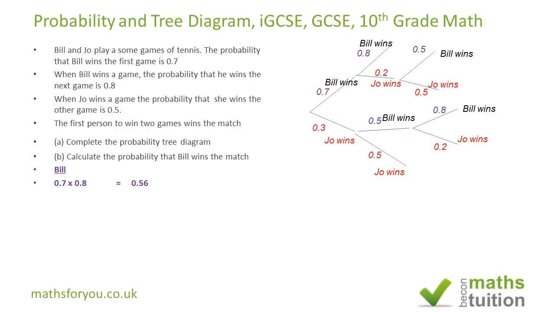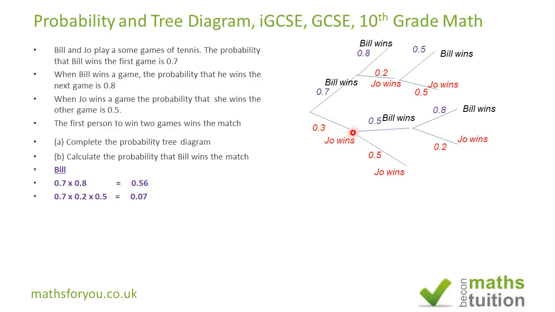Or Bill can win the first game, and Joe wins the second game, and Bill wins the third game. So we got 0.7 times 0.2 times 0.5, that will give us 0.07. Or Joe can win the first game, Bill wins the second game, and Bill wins the third game.